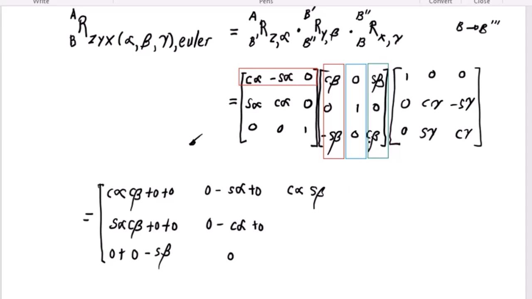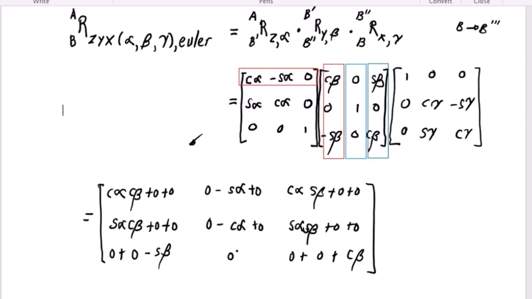This to this 0, and this to this 0, plus 0, plus 0. Then this to this, we have here sine alpha, sine beta. 0 times this plus 0, and this 0. This one is 0. This one is 0. And this one we have the cosine beta.